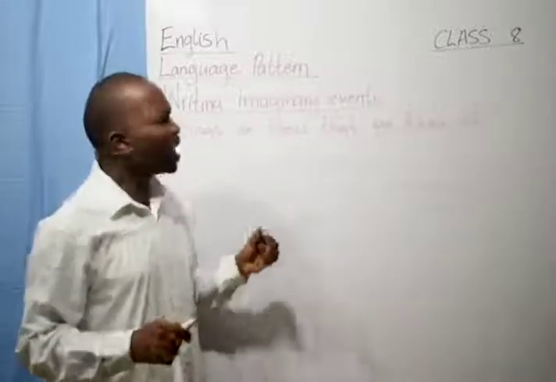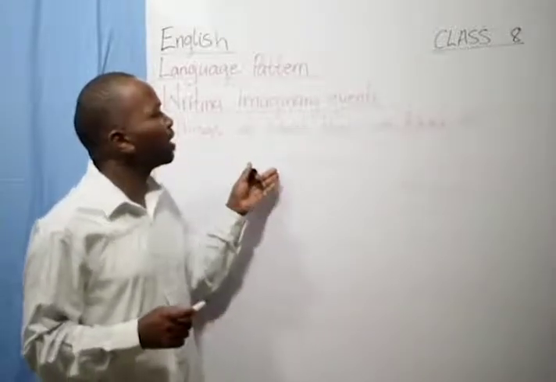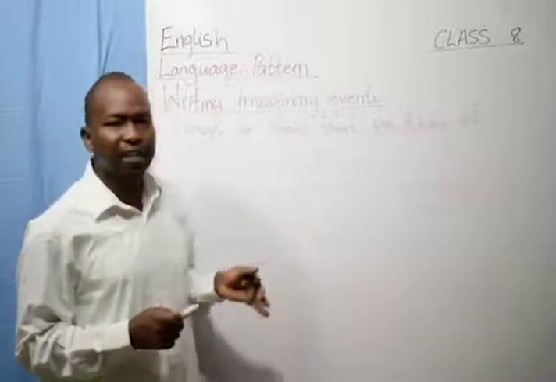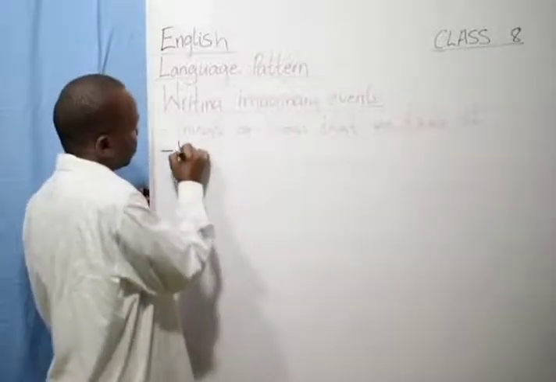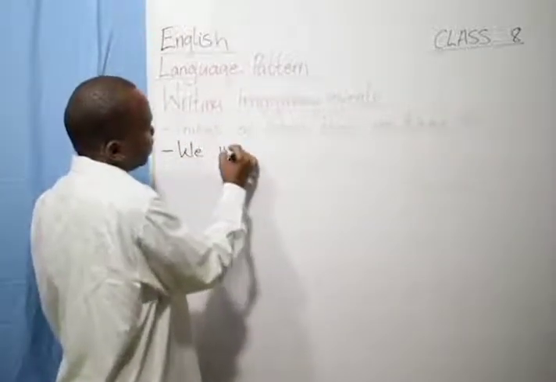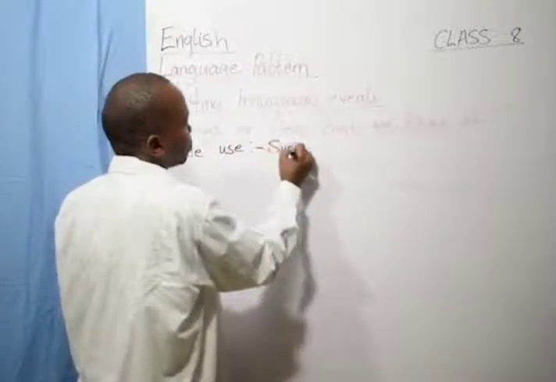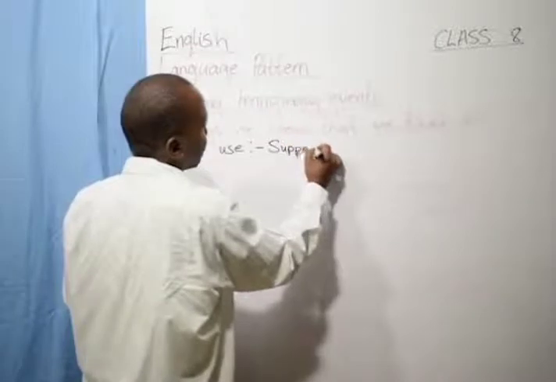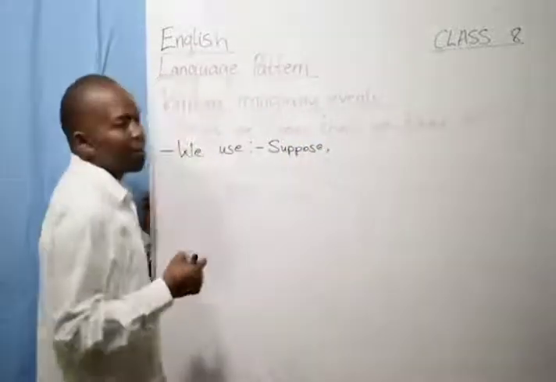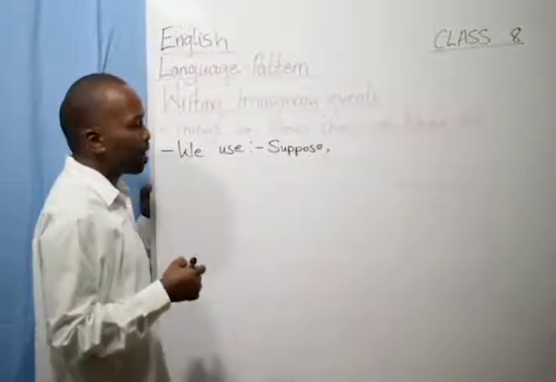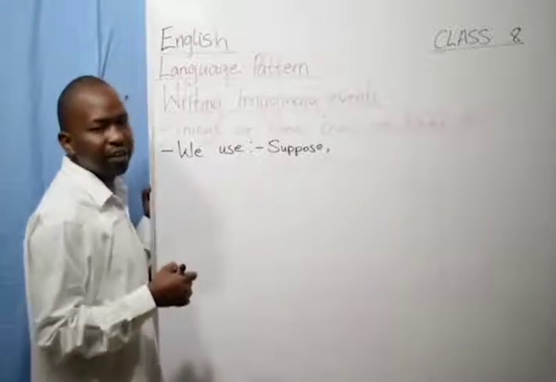And when we are forming or writing imaginary events, we use the words, for example, suppose. This one we came across earlier on in our education, in one of the classes.